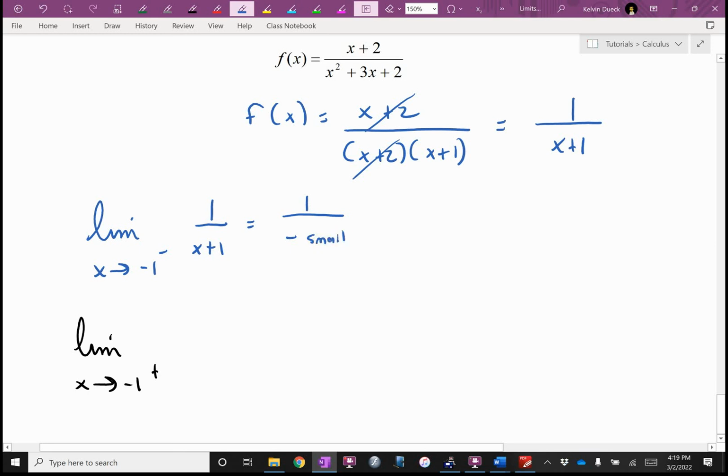There is going to be an asymptote that approaches negative infinity just to the left of negative 1. In other words, if I'm sketching this graph, there's negative 1. Just to the left of negative 1, we're doing that.